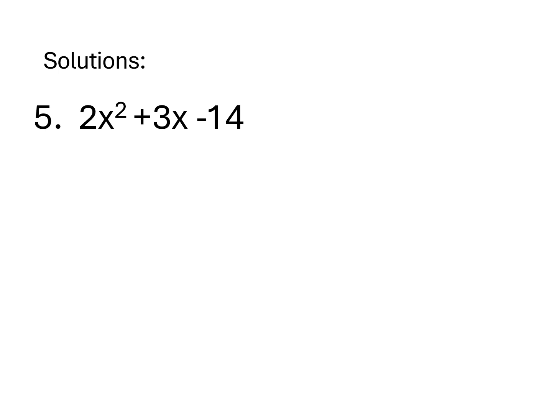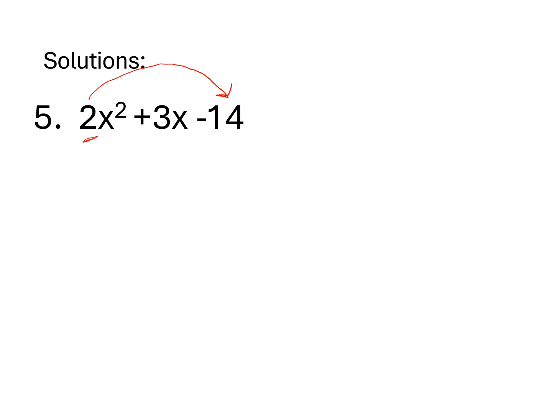Here, class, in this case, if the leading coefficient, or the coefficient of the quadratic term, is greater than 1, first, in order to factor the polynomial expression like this, we must multiply the leading coefficient to the constant term. So the constant term is negative 14.